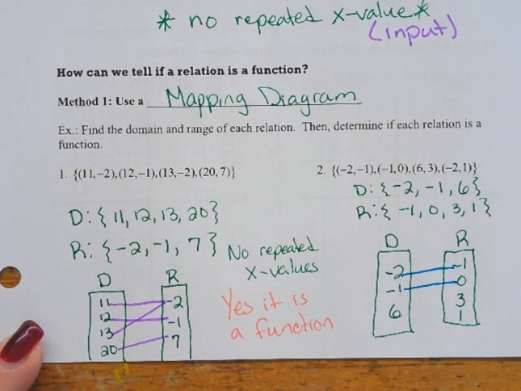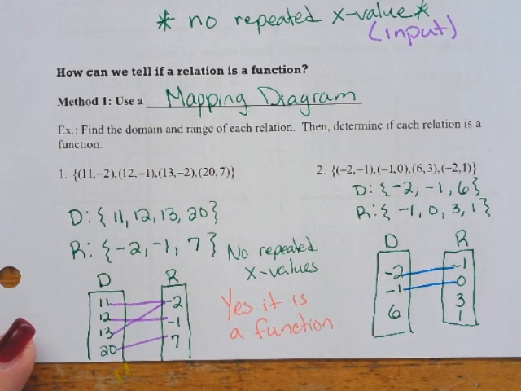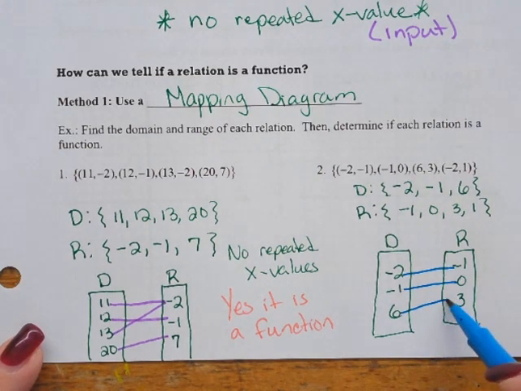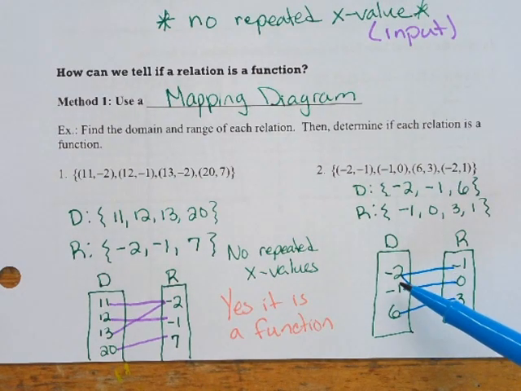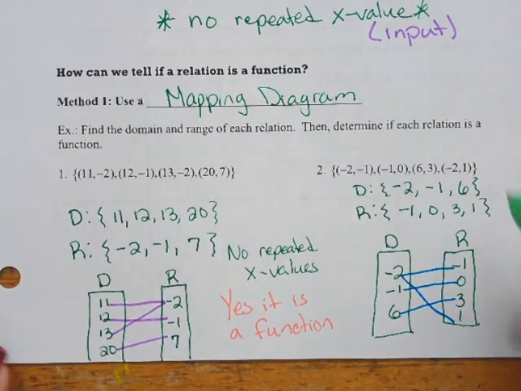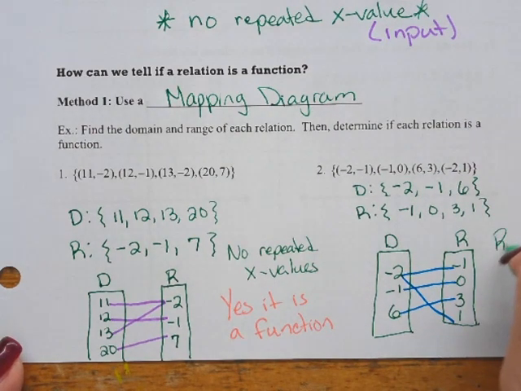What is the y value for 6? 3. So now I still have a y value left. What is its x value? -2. Okay, notice I have an x value that is going to 2 outputs. So my x value is repeated. So it is not a function.